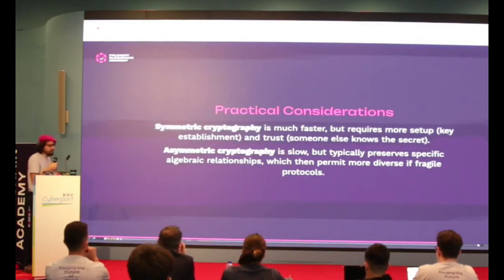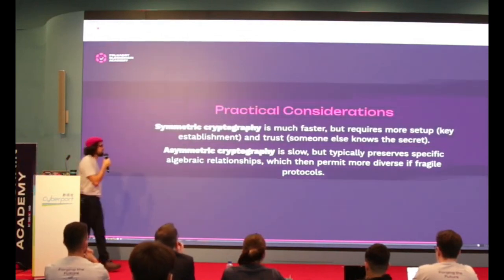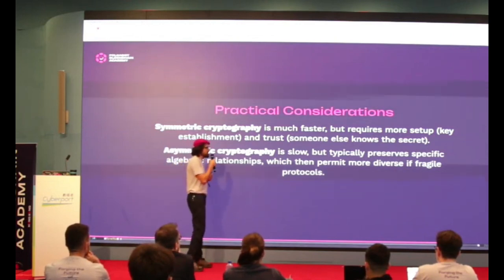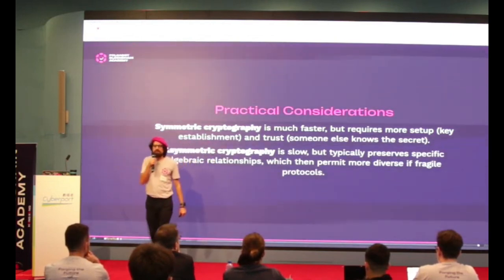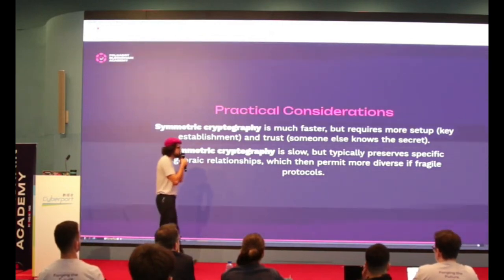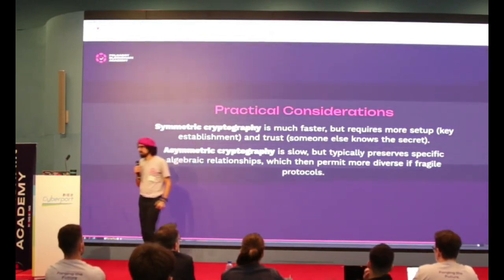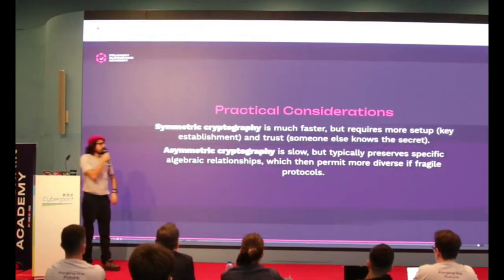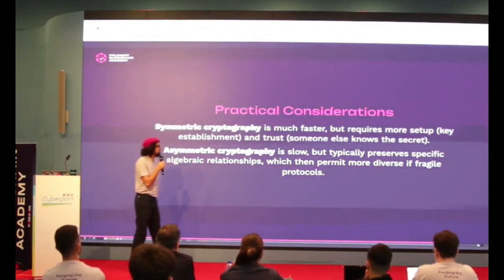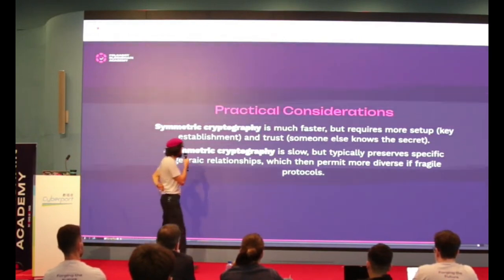Okay, so just a fast review. As we said about that question, symmetric cryptography is much faster and is also more resistant to quantum attack. But it needs a trusted environment to share the secret.